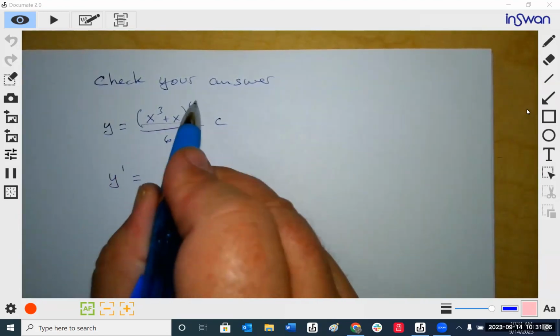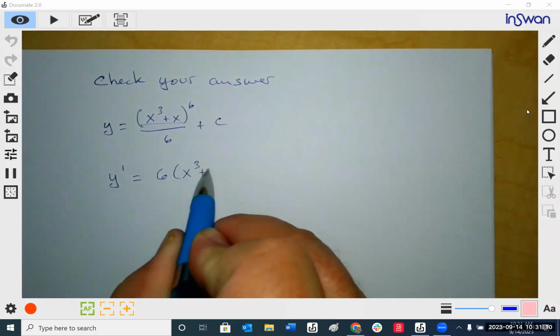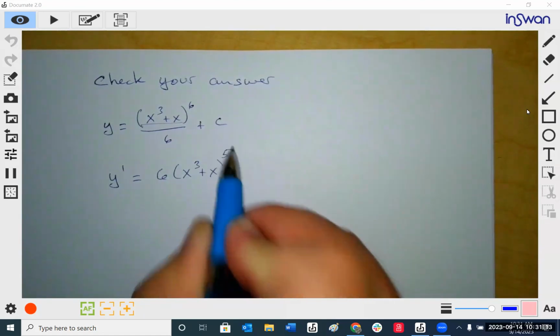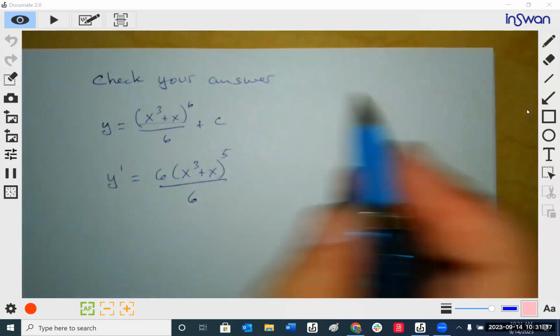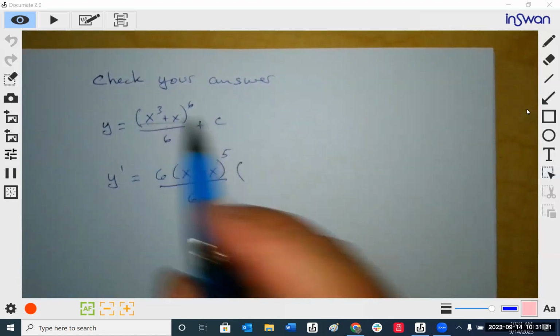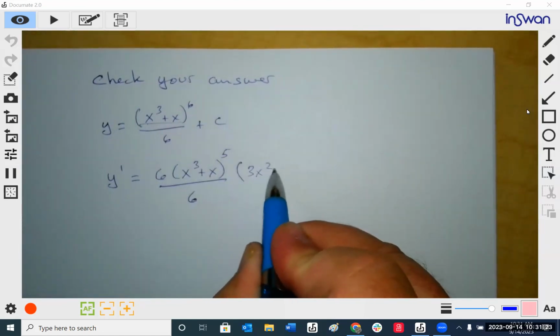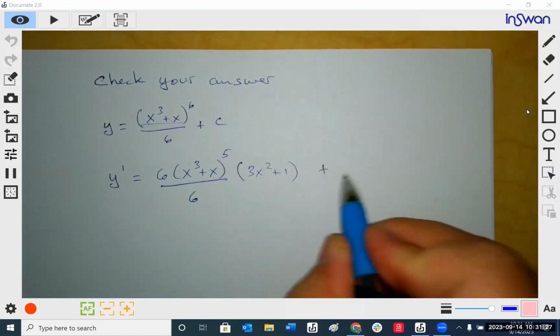we'll take the derivative of the outside first. So bring down the 6. x cubed plus x to the 5th over 6. The derivative of c is 0, but we're not finished yet. We did the derivative of the outside times the derivative of the inside, which is 3x squared plus 1 plus 0.